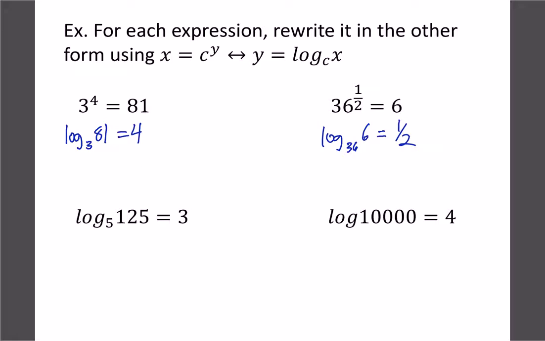And that's true, because 36 to the half is the square root of 36, which is 6. Let's switch these the other way around, so that'll be 5 to the 3 equals 125. Remember your base number is the same, and then crisscross your 3 and the 125. This one, remember, it's base 10, so you'd have 10 to the power of 4 equals 10,000.